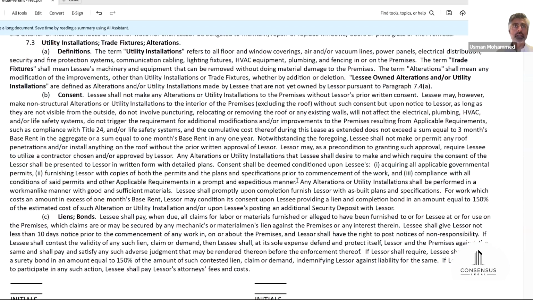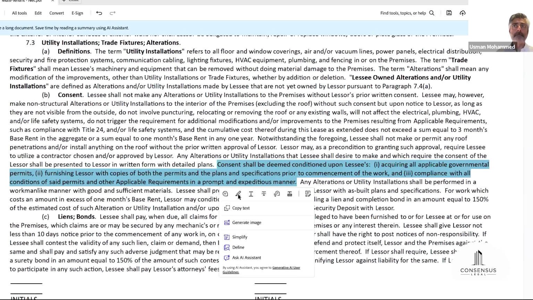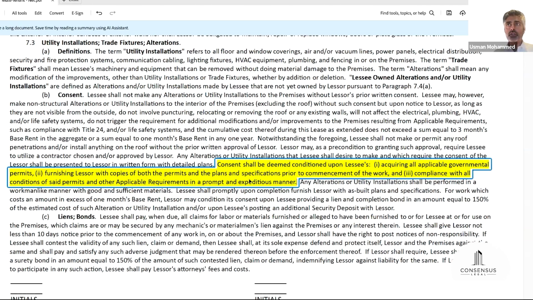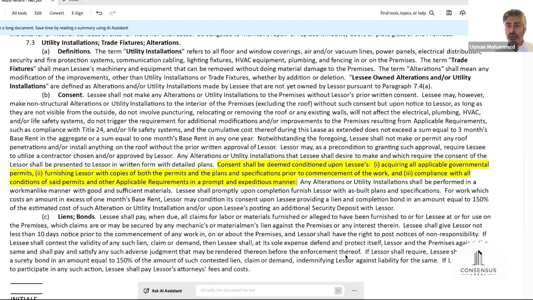Maybe this is the sentence. There might be something more specific, but my understanding is that if an alteration that lessee is making triggers a modification requirement, then lessee would be responsible, even if it is outside of the premises. And we're running low on time.